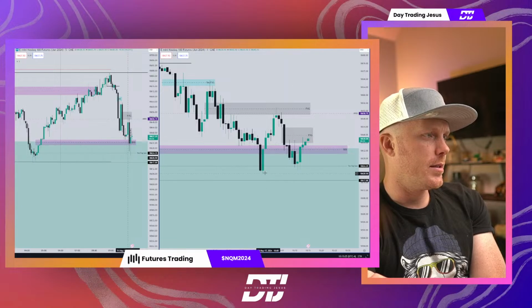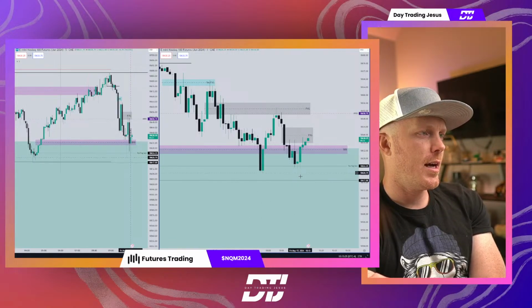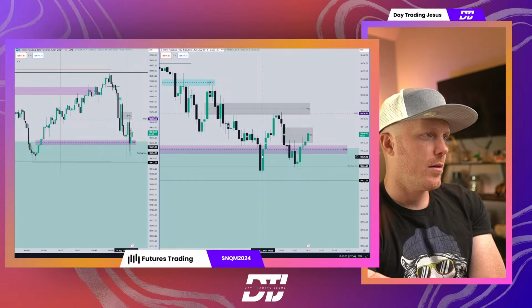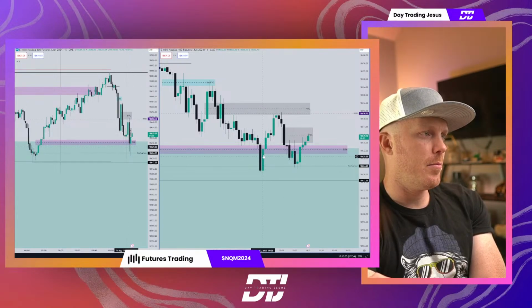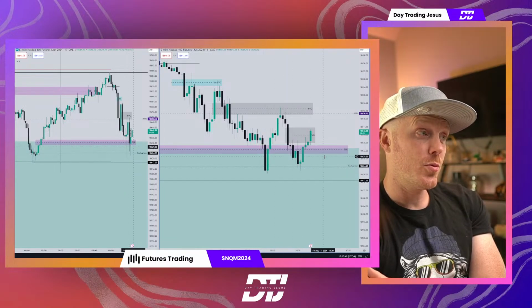A plus is I want to see liquidity ran, stops grabbed, like this candle right here. This would have been, I would have taken this because we filled this 1 minute fair value gap, leaving these lows with the expectation we could go back down.